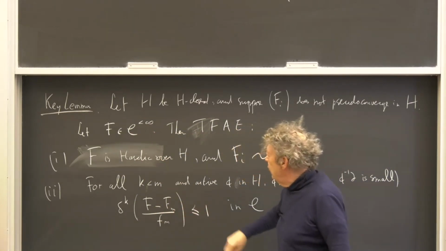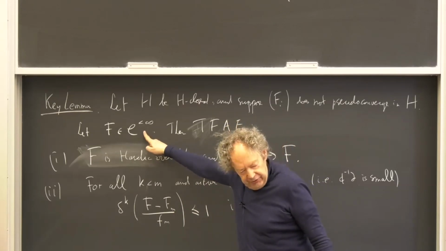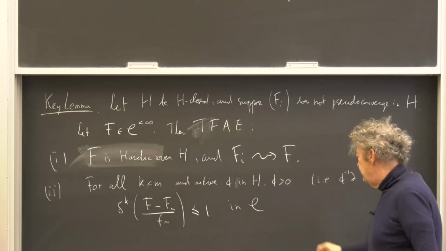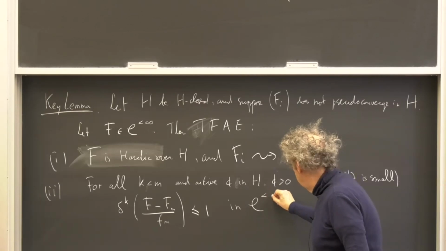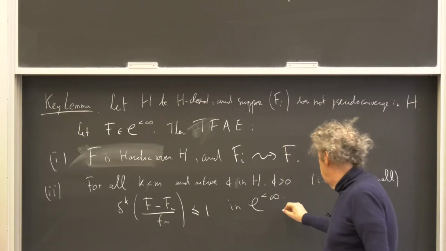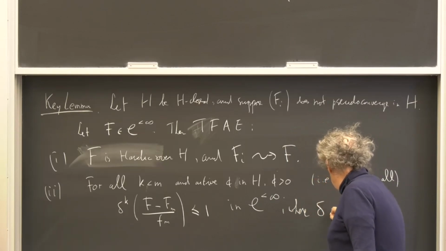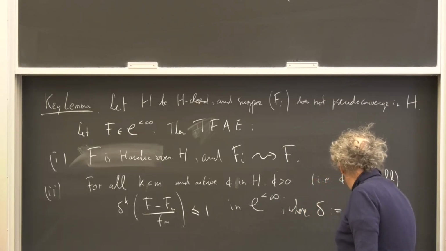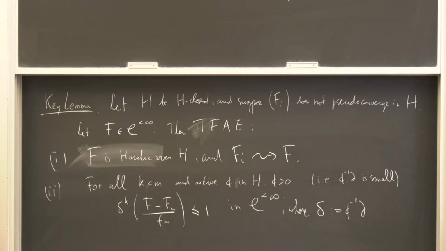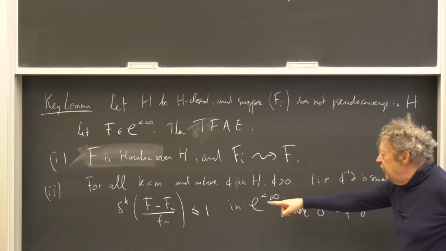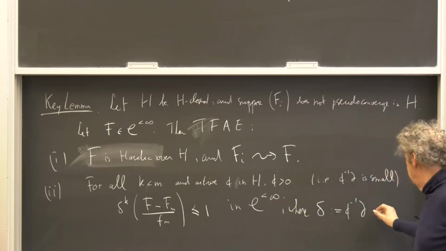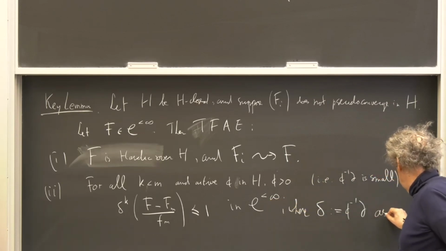This is a germ also in this ambient differential ring. And so delta is the inverse of the usual derivation, as a derivation on this ring.